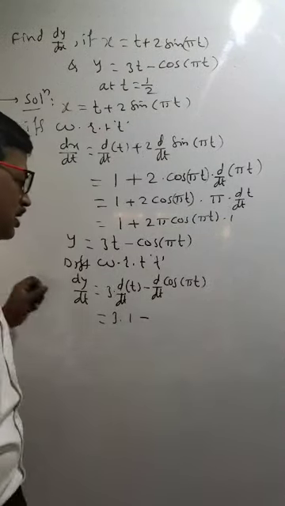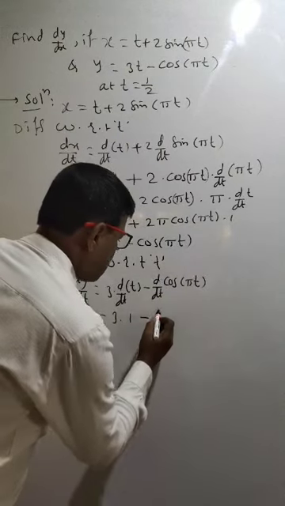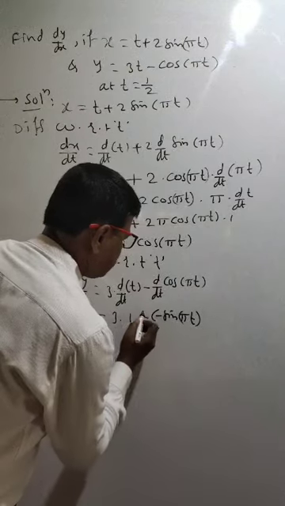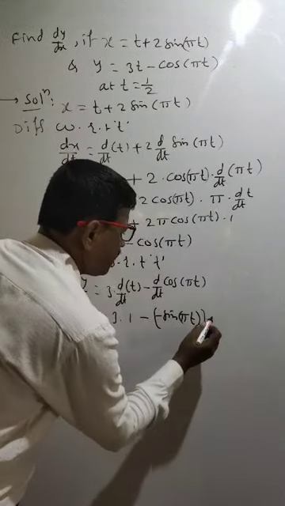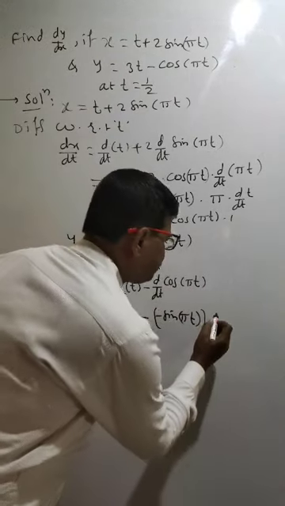1 minus d by dt of cos pi t. The derivative of cos is minus sin of pi t into d by dt of pi t.